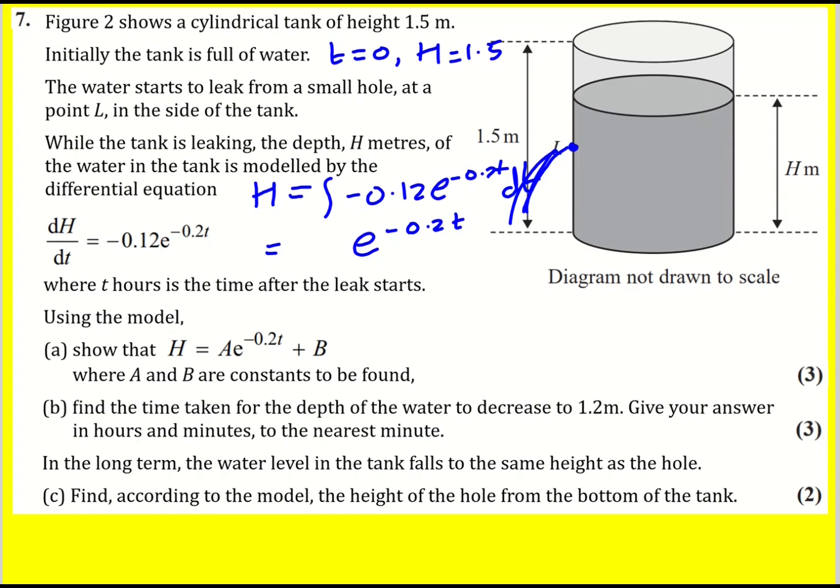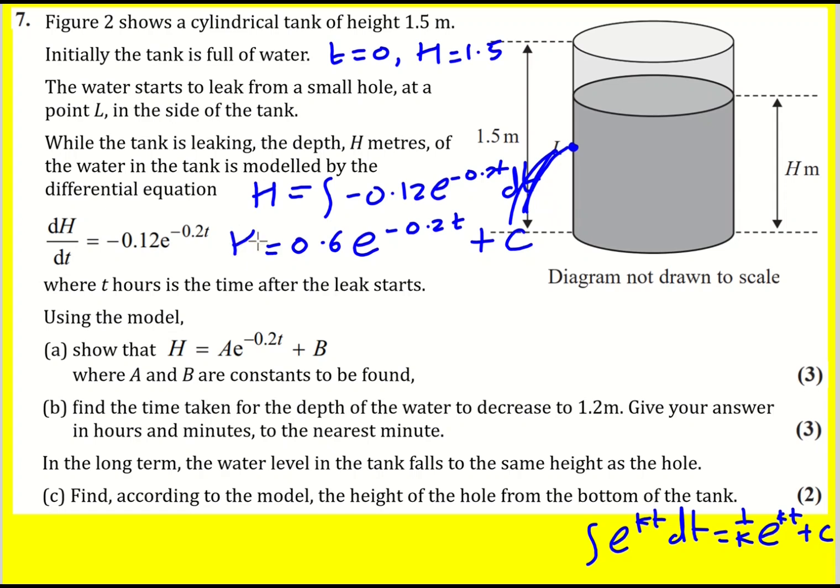I'm just going to be dividing by minus 0.2. e to the kt integrated is going to be 1 over k e to the kt, because when you differentiate, you times by the k. So I'm going to divide by minus 0.2, which is actually the same as timesing by minus 0.5. And this gives 0.6 e to the minus 0.2t plus an arbitrary constant c.